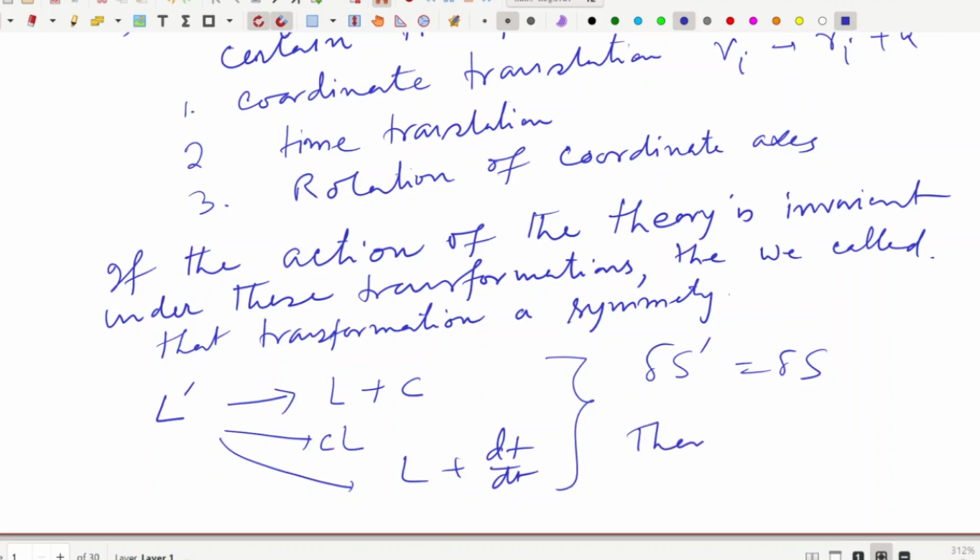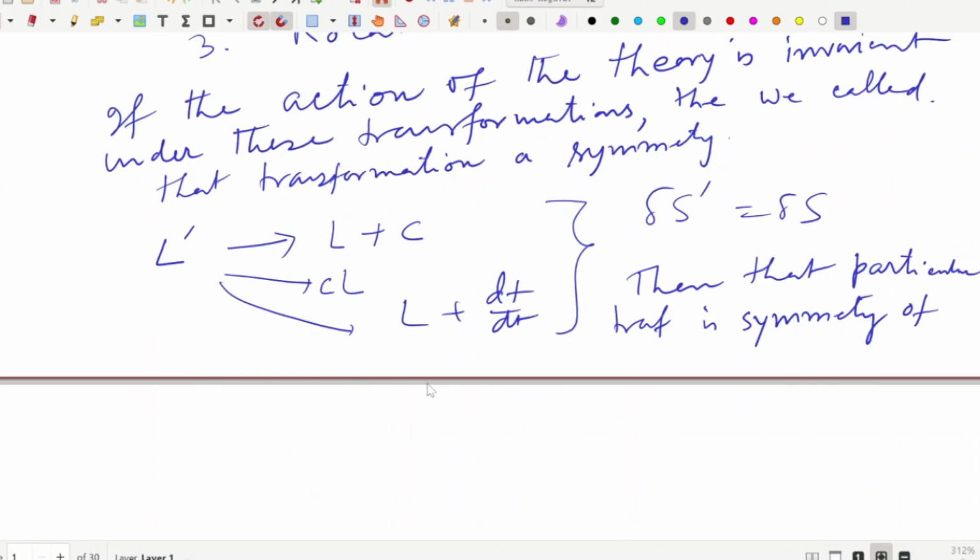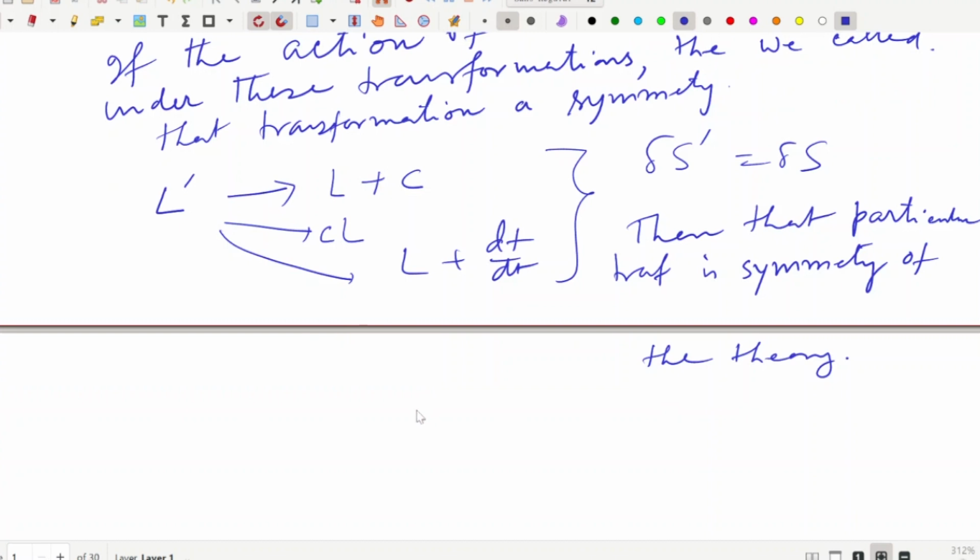That particular transformation is a symmetry of the theory. We will discuss several symmetries, and we will see what their consequences will be.